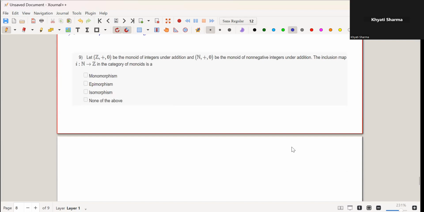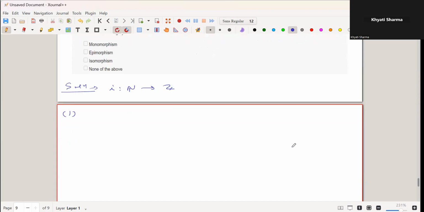So you have the category of monoids, and for the inclusion map one has to see what kind of map it is: monomorphism, epimorphism, or isomorphism. So, solution. Let's say I is the map from N to Z. Then first we will check whether it's a monomorphism or not.